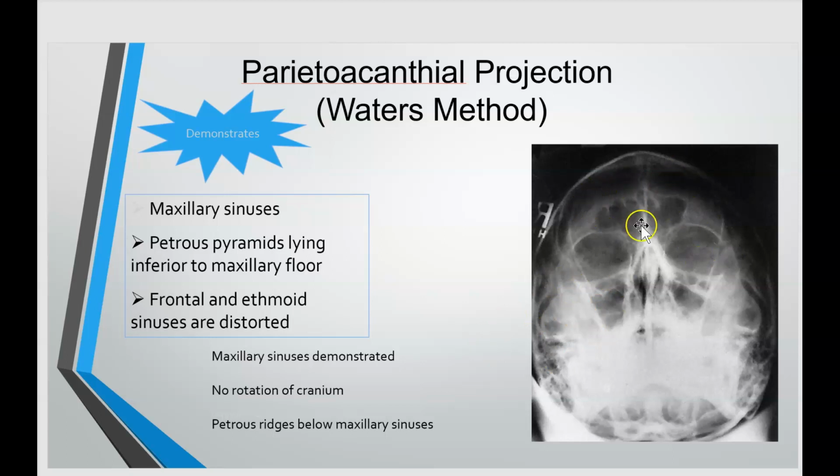The frontal and your ethmoid sinuses will be distorted, and you can know why. If you look at how far away your frontal and your ethmoid sinuses are from your IR, there's going to be magnification, which means there's going to be distortion, and when there's distortion, there's less resolution. So it's not ideal for those. This is a view for maxillary sinuses.